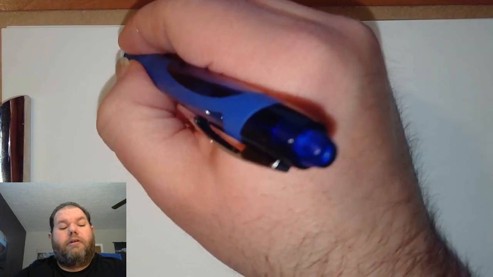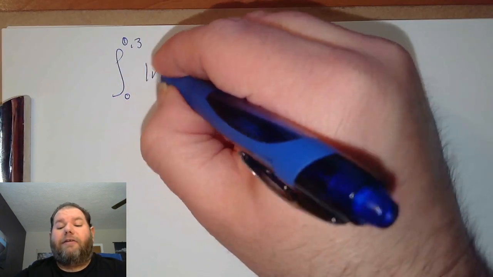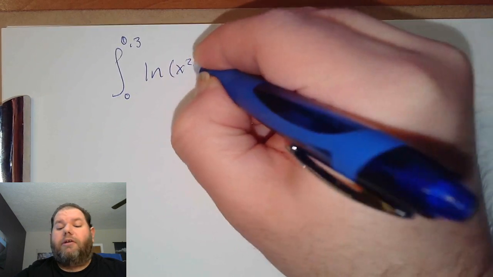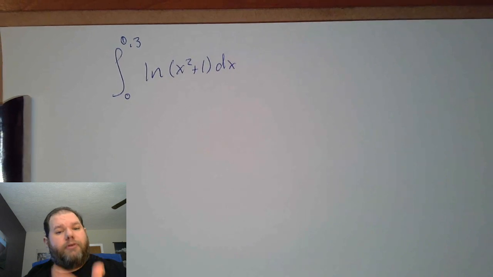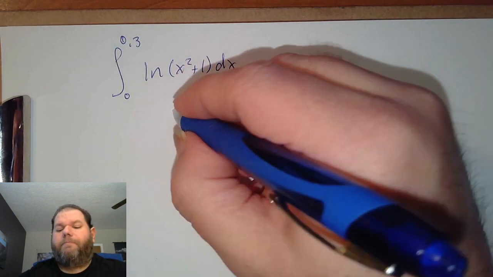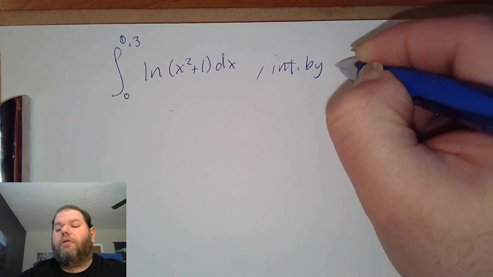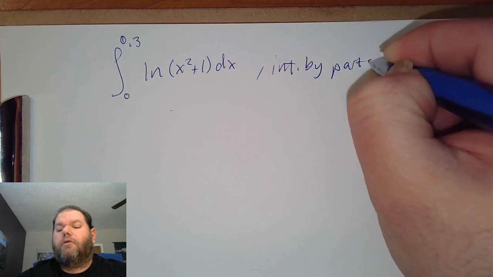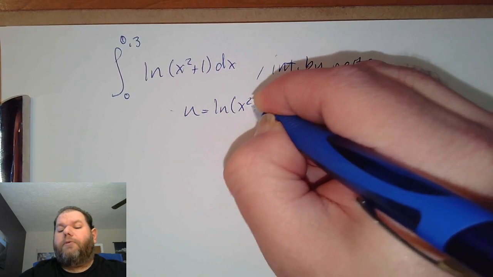Alright. Now, the issue is with logarithm: anytime we have a natural log inside of our integration, we know it's integration by parts, and we have to let u equal the logarithm. So we'll let u equal natural log of x squared plus 1.